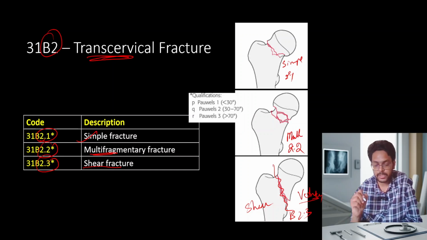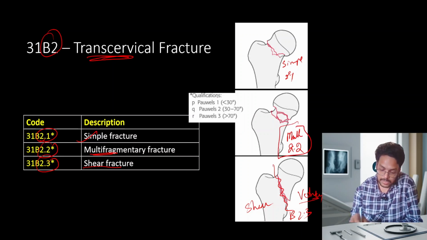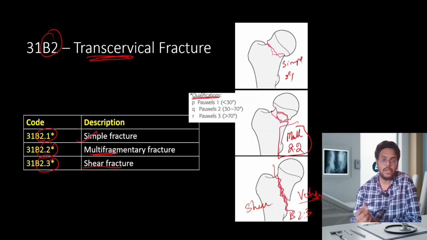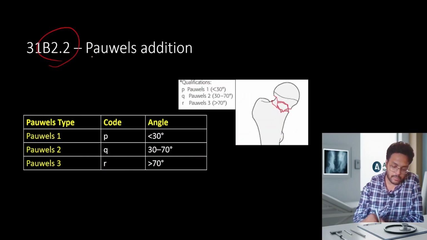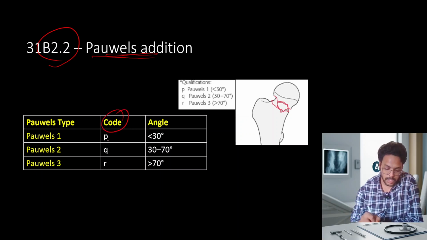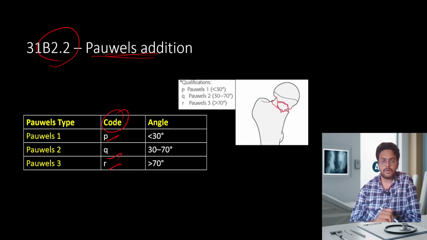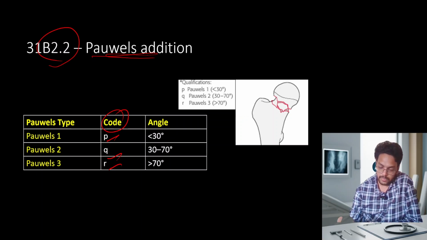One more classification that has been added within 2.2 is Pauwels classification. They gave it as qualifiers, that is, they add small alphabets for Pauwels classification. So B2.2 Pauwels addition is nothing but giving codes P, Q and R for the angle the fracture line makes with the horizontal.